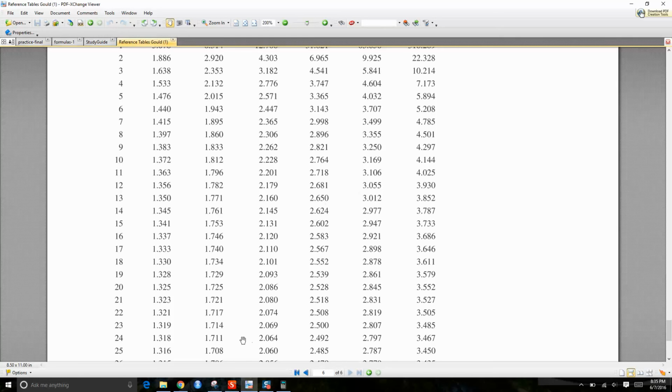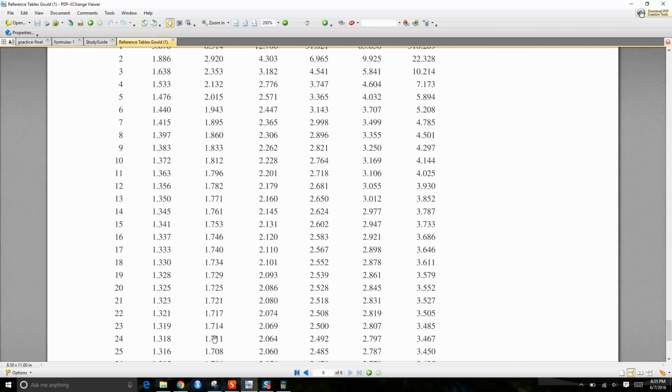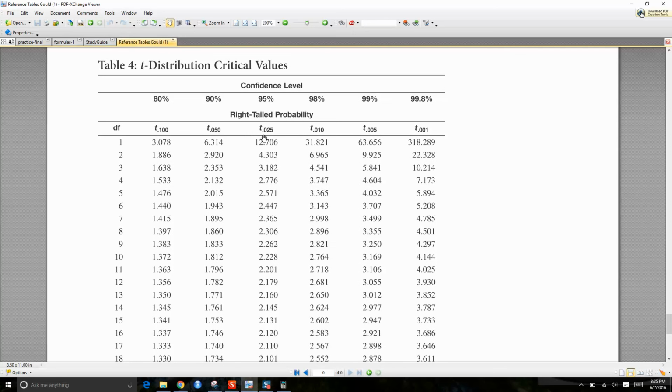So we would put 1.826 in between these two columns. That means the corresponding tail area is in between the column headings of 0.05 and 0.025. We don't know the exact value, but we do know that it's in between 0.05 and 0.025.